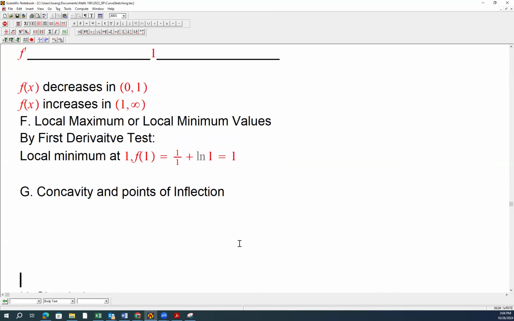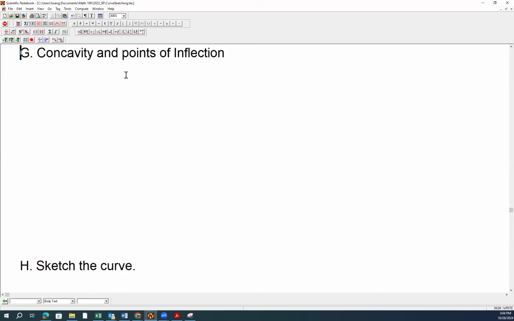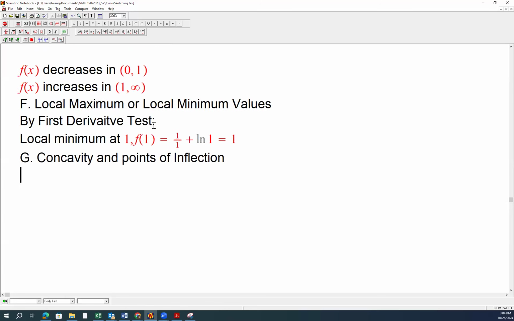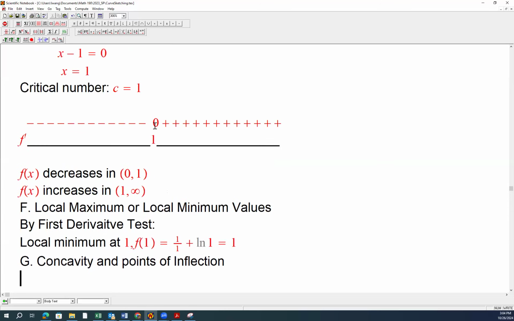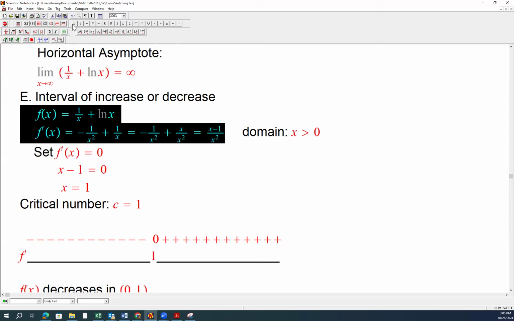Concavity. What do we have here? We need to find the second order derivative. The second order derivative is the derivative of the first order derivative.